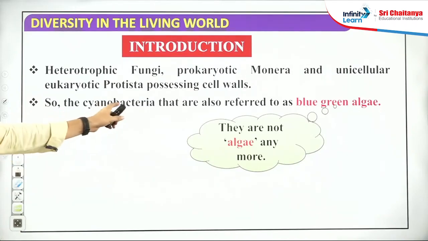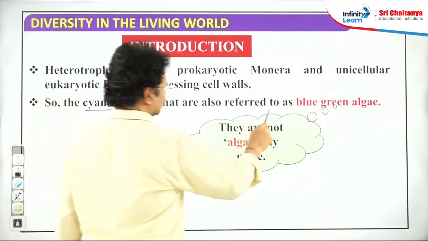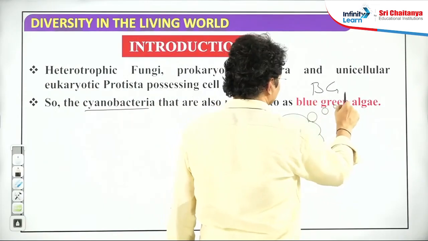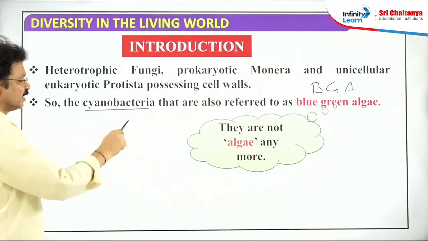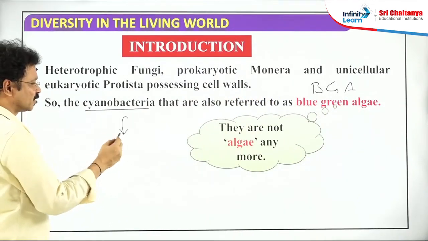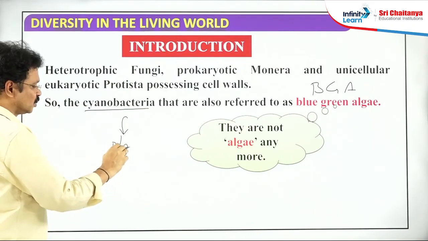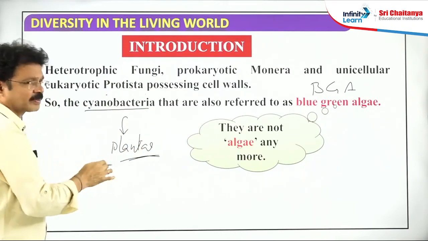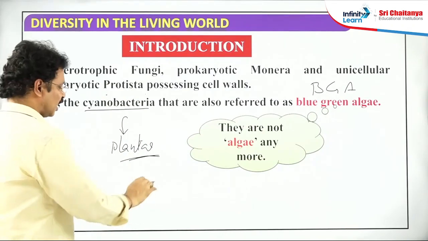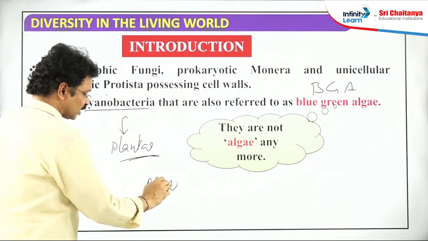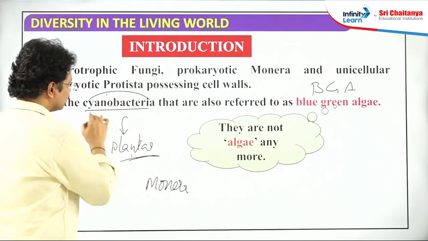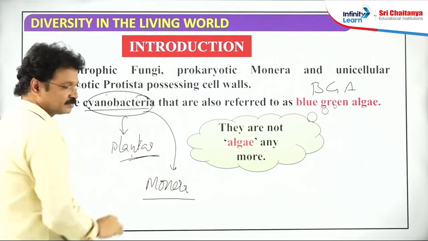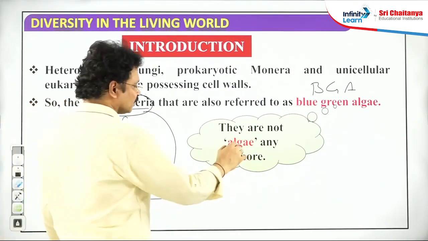So the cyanobacteria, also referred to as blue-green algae, another name of cyanobacteria, BGA, full form blue-green algae, were placed under Plantae once upon a time, not now. After the creation of the kingdom Monera, these cyanobacteria were placed under Monera and removed from Plantae.